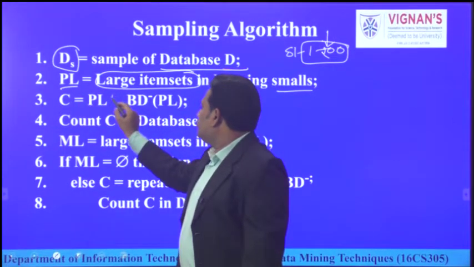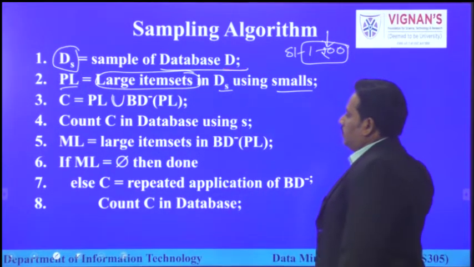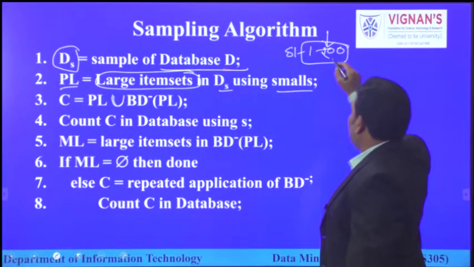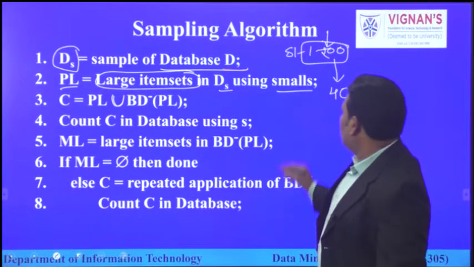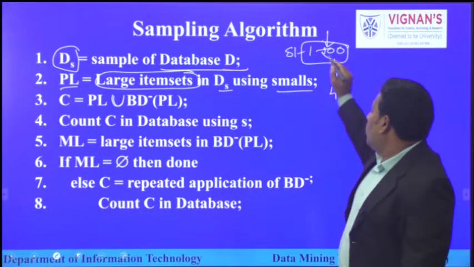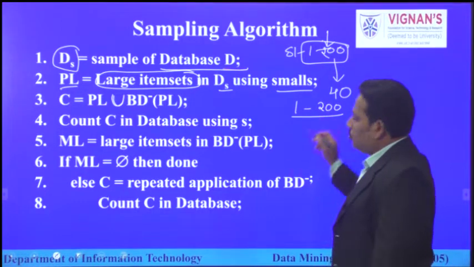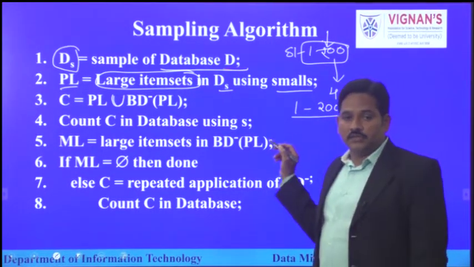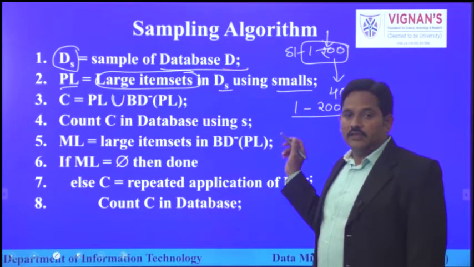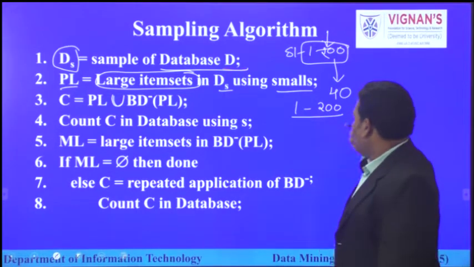And look here, what we are doing when some of the elements have been neglected. Among these 200 transactions, let us assume we formed 40 item sets. Look carefully here. 1 to 200 are the transactions, let us say 200 customers. But here we are not taking the customers into account. We are considering the item sets which are repeated by more customers.